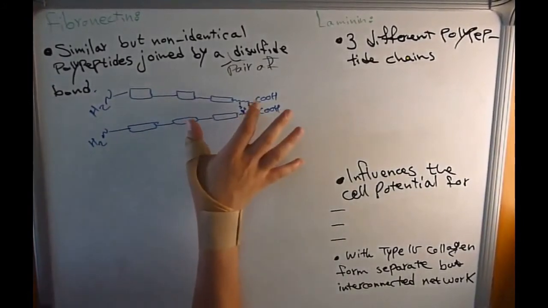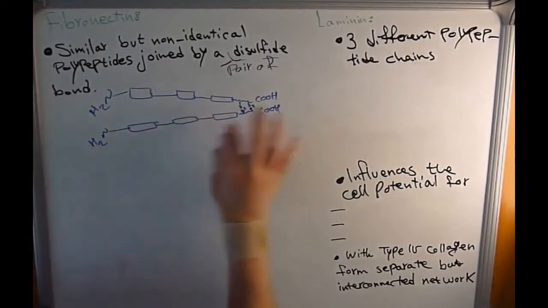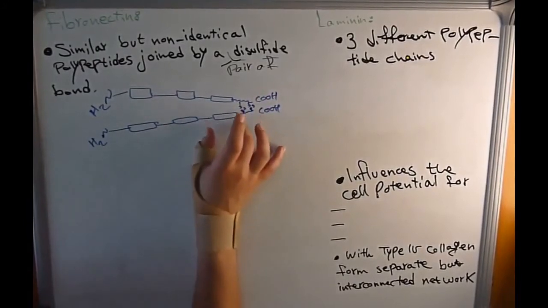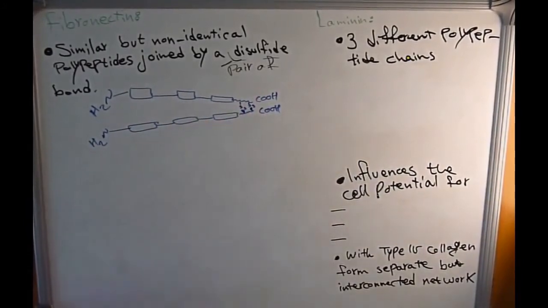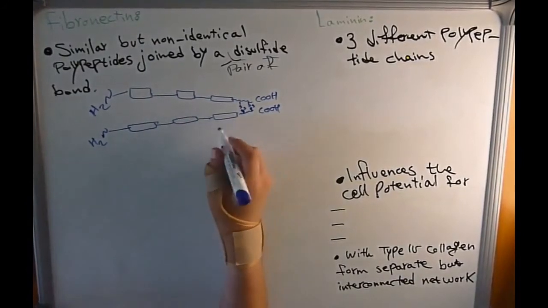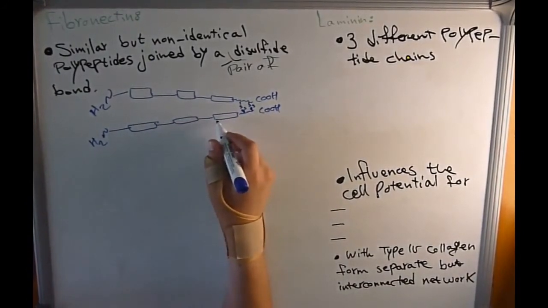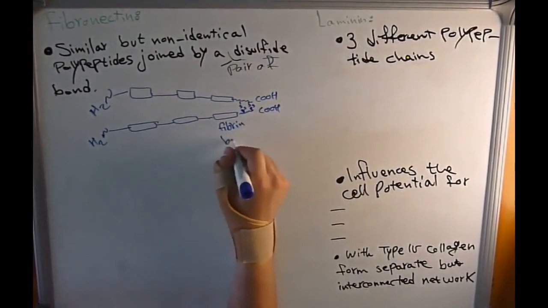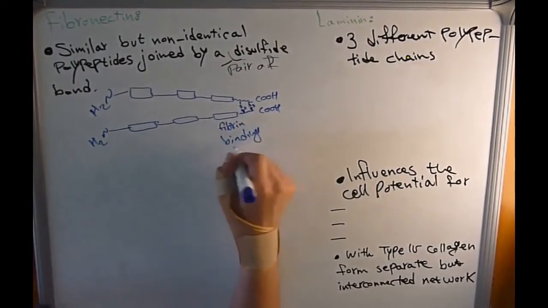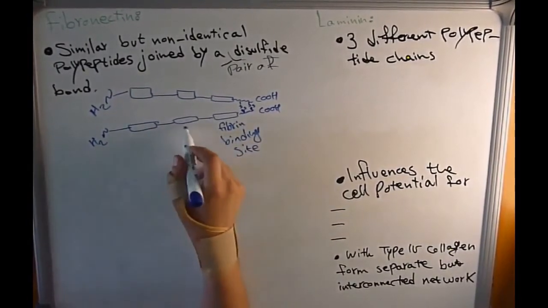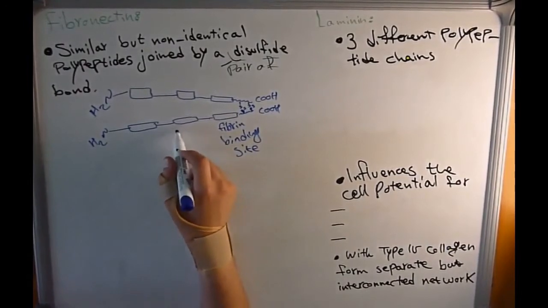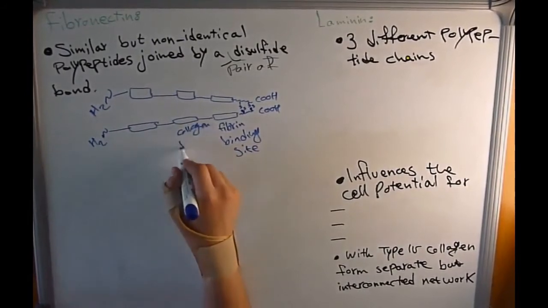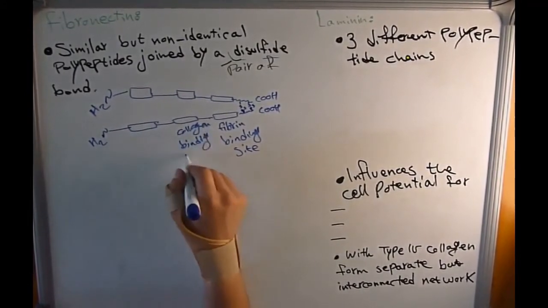Each polypeptide is composed of a linear series of distinct modules, which are organized into several functional units. For example, this unit may be, let's say, a fibrin binding site. This may be a collagen binding domain.